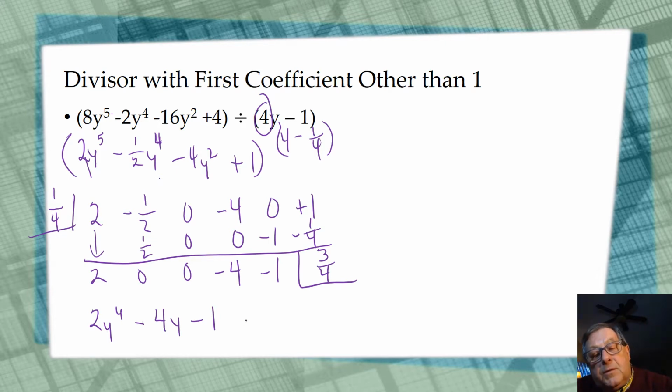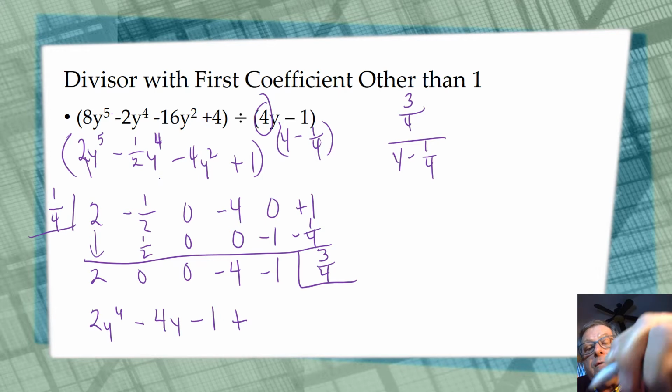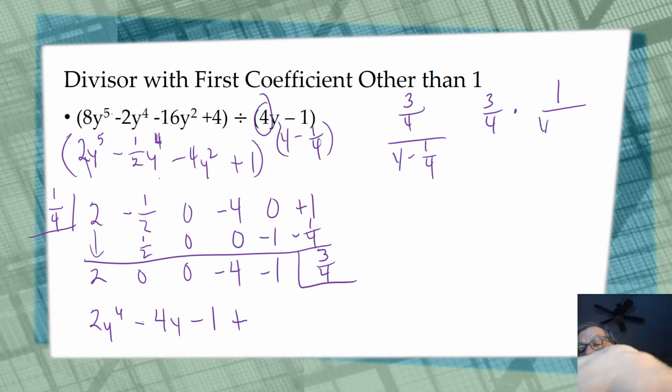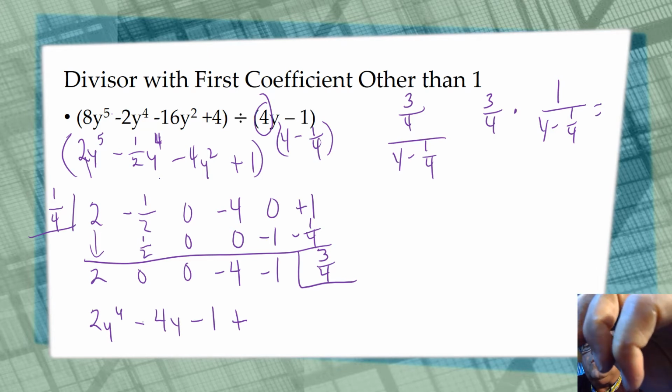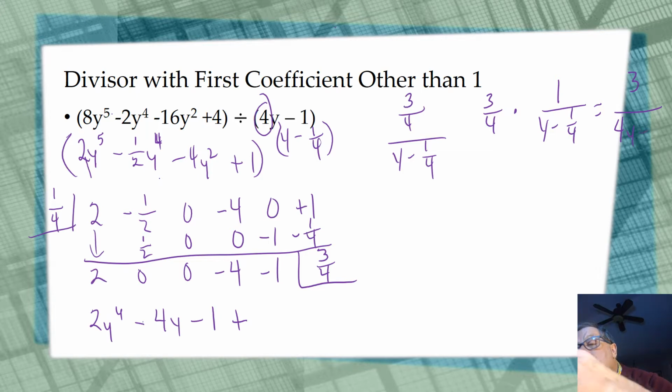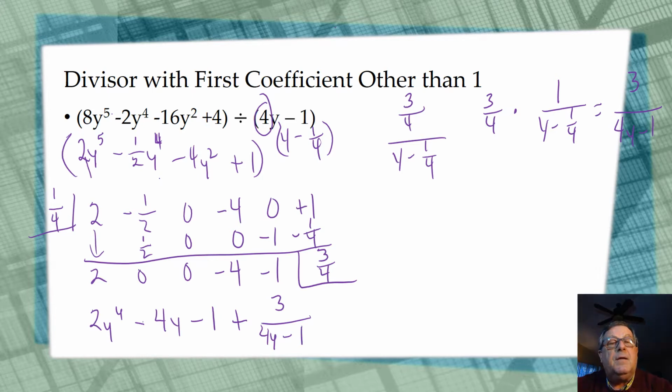And then I've got to deal with this remainder, and I got to manipulate it a little bit, because this is 3/4 over y minus 1/4, which is the same as 3/4 times 1 over y minus 1/4. And that's going to equal 3 over 4y minus 1. And so we've got a remainder of 3 over 4y minus 1. Shazam. All right, we're going to do another one.